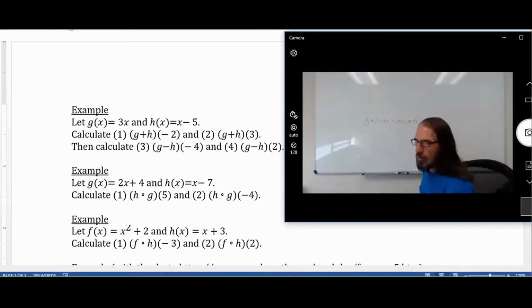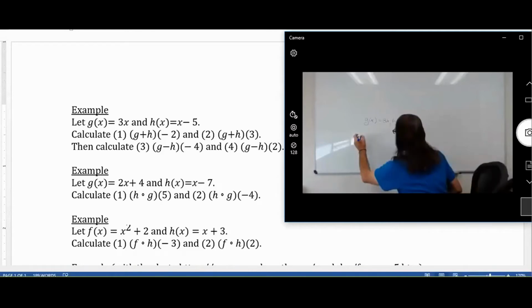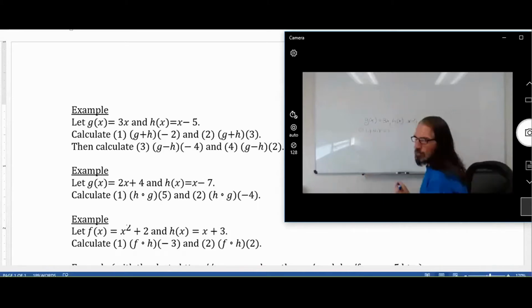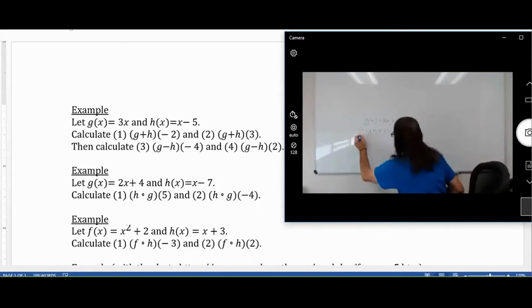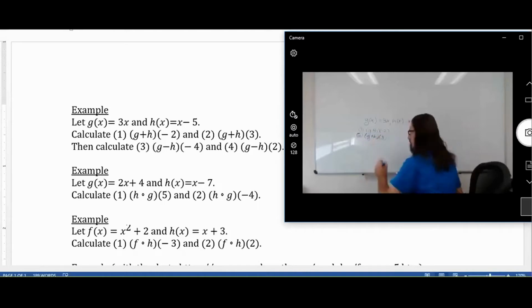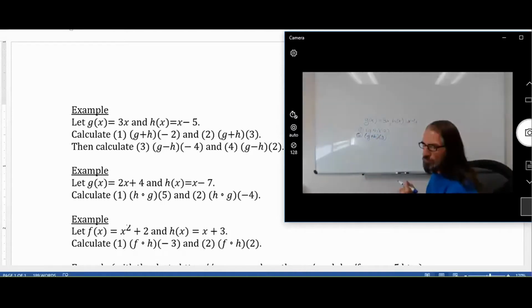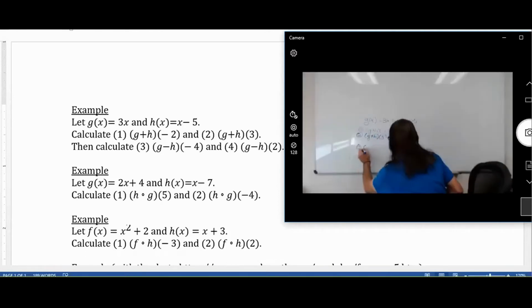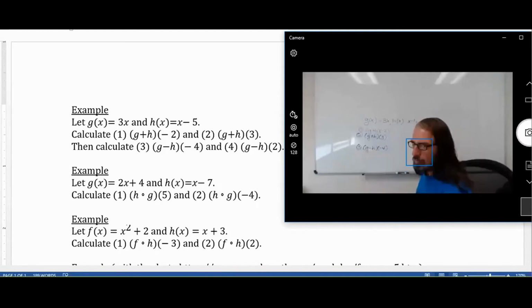And we're asked to compute g plus h of negative 2, as well as g plus h of 3, followed by g minus h of negative 4, and g minus h of 2.